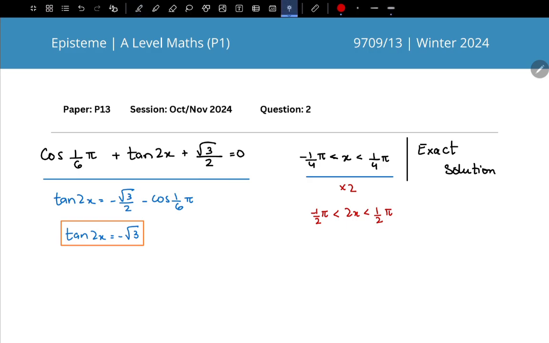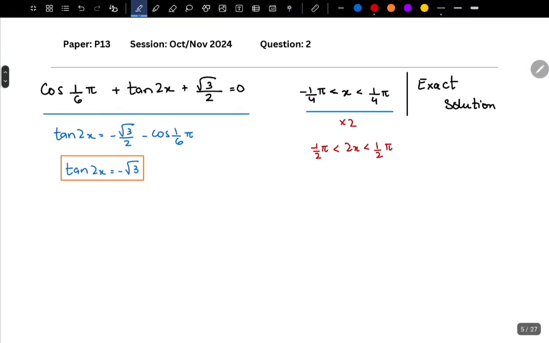Now that the domain allows us to take the inverse, we'll do that. So 2x, let's first substitute 2x with a variable that is more legible for us. So let's take a equals 2x. So this will be tan a equals minus root 3.